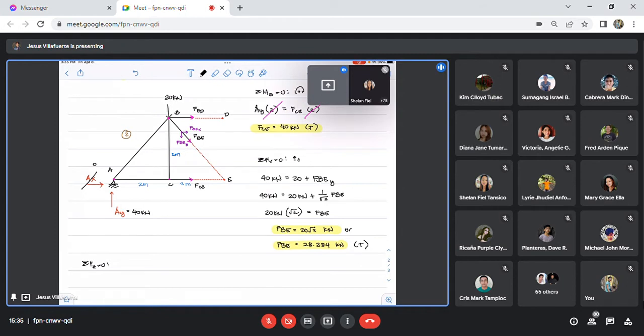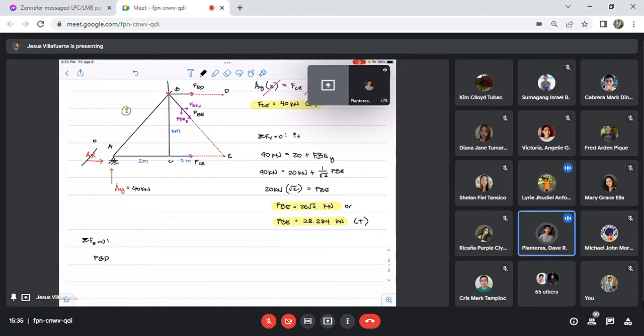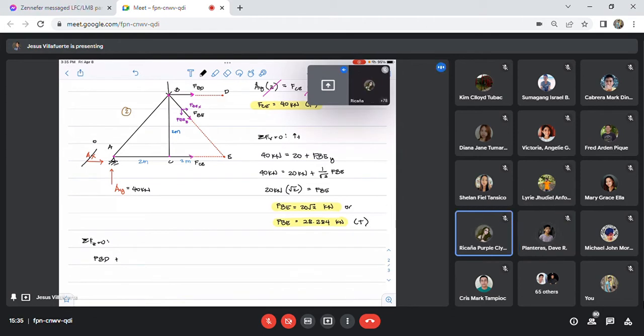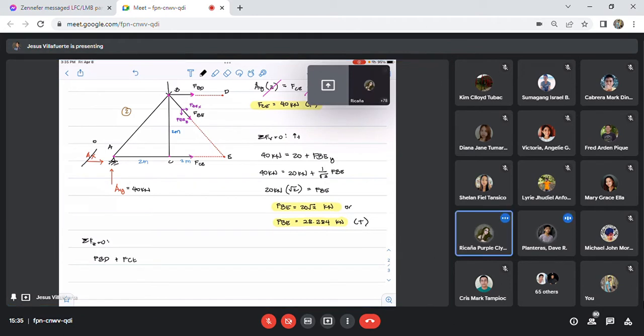If we take summation of forces horizontal, what is involved? FBD. FBE, FCE, yes, sir. What else?